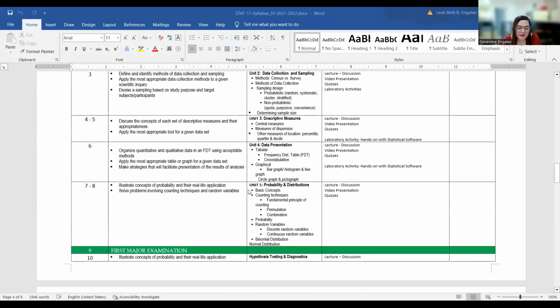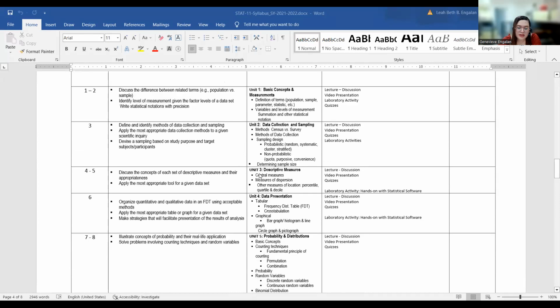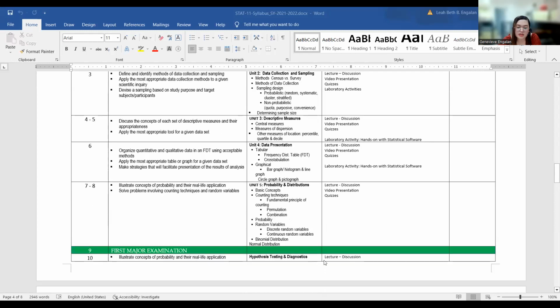And then we have probability distributions, the basic concepts, the counting techniques. Tapos we have the probability, random variables, binomial distribution, and we also have the normal distribution. So after these units, you have unit 1, unit 2, unit 3, and unit 4. Tapos unit 5, we will have our first major examination.